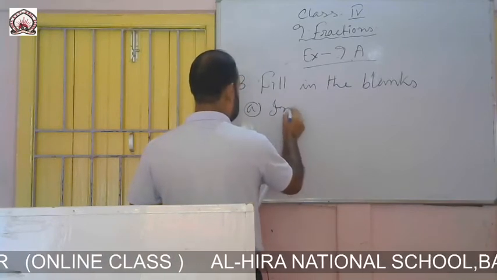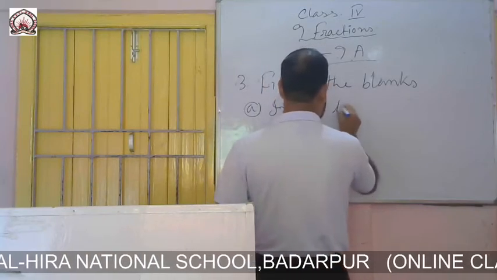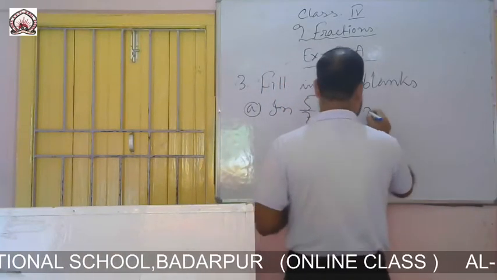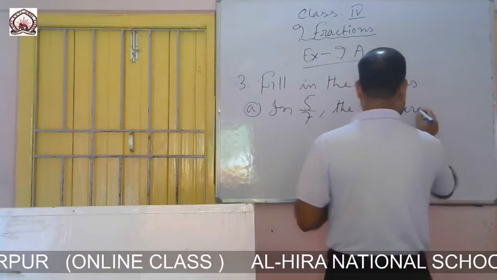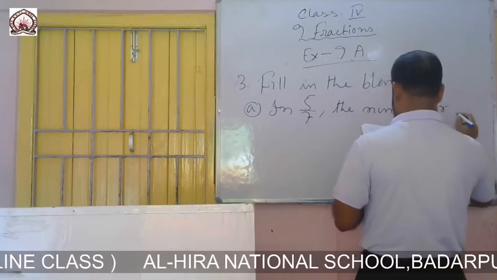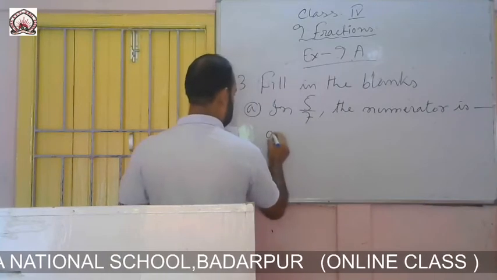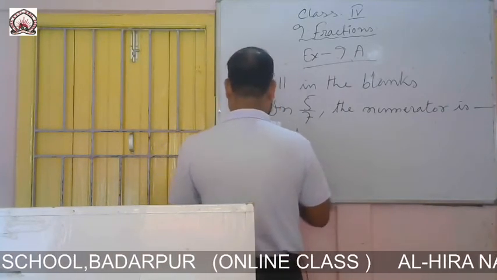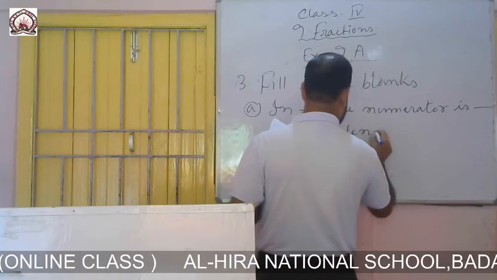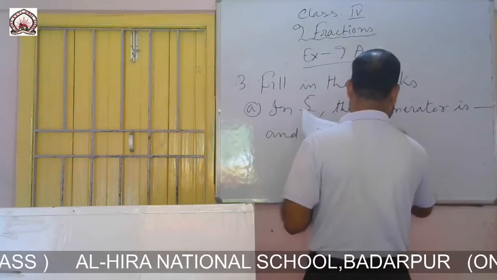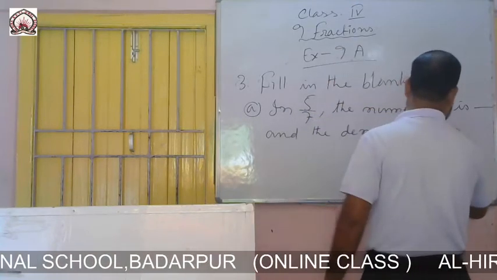In 5/7, the numerator is dash and the denominator is dash.